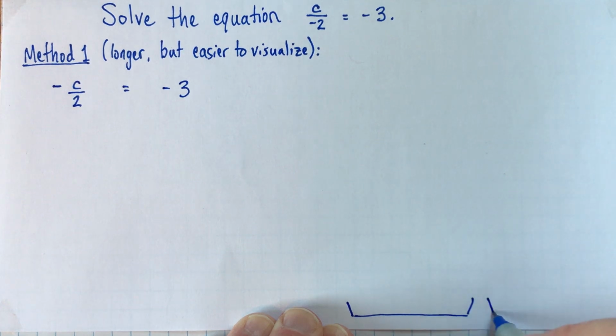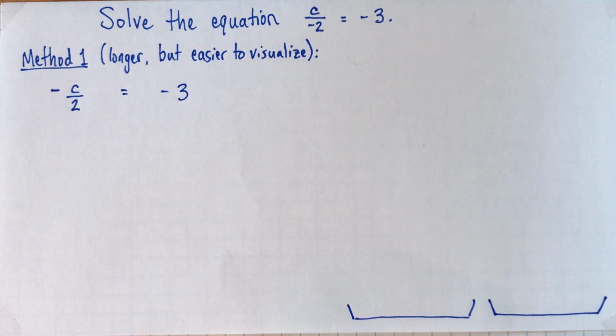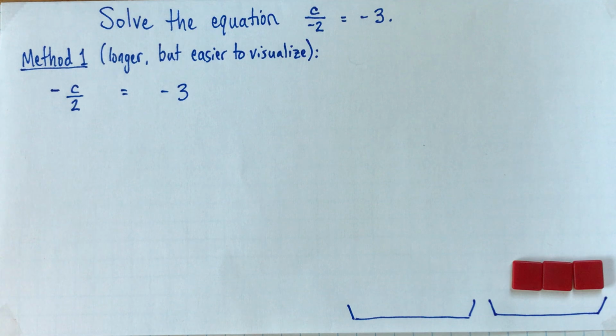So I'm going to do it with the algebra tiles, and you may or may not want to do it with the algebra tiles, but I'll show you with the algebra tiles now so you can imagine what's going on. So the right side is easy, that's -3. So my red is negative with these tiles. So I'll write this over here.